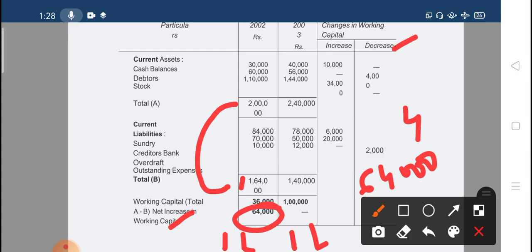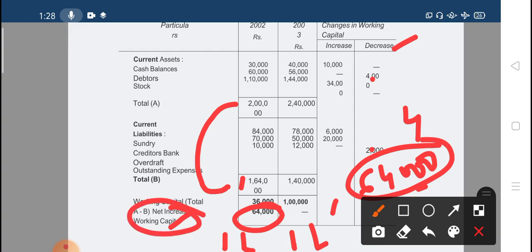Here this is 70,000 and in the decrease column we also take 70,000, and if we deduct 4,000 and 2,000 from that 70,000, we will get this 64,000. So here it has to be written as net increase in working capital.